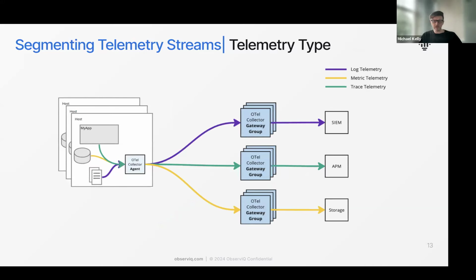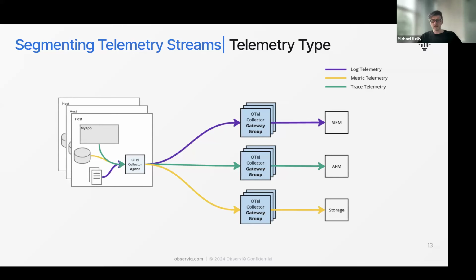There is another option though, and this one, while less common, can sometimes make a lot of sense depending on your scenario. This is just broken out into a simple host with 3 types of telemetry. So you have your traces, your metric telemetry, and your log telemetry going into the agent, with some light processing before it's sent. And this is another telemetry stream strategy that you can consider.